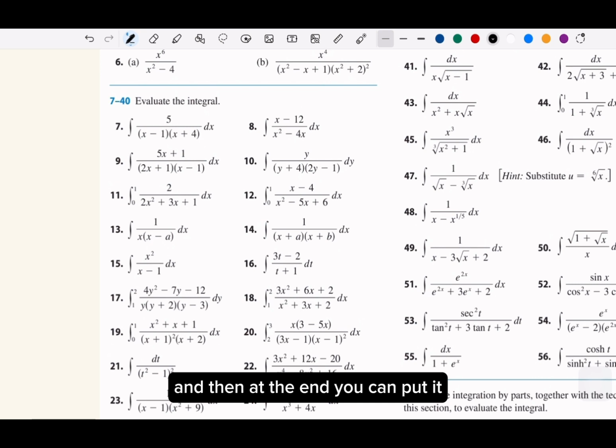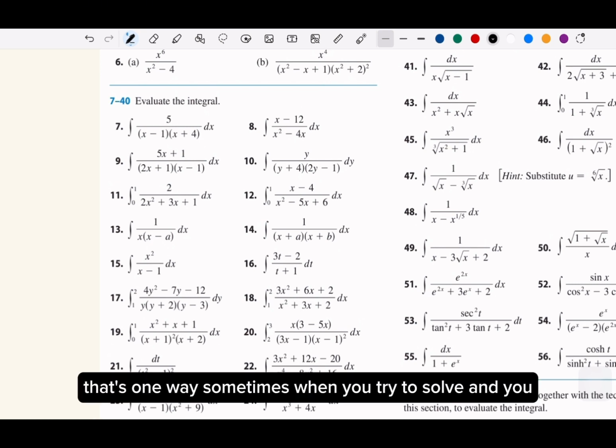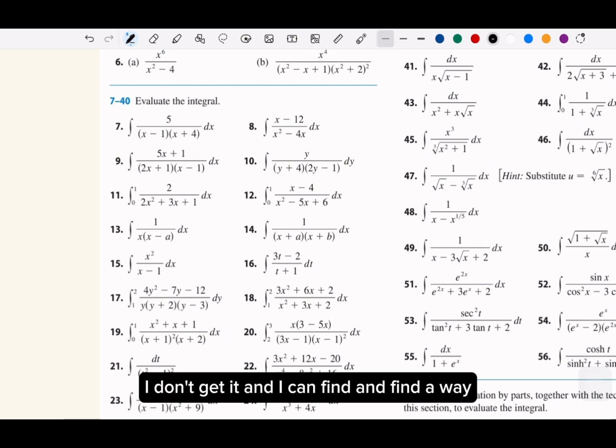And then at the end you can put the integration. Sometimes when you look at this integration, you feel anxiety and think, I don't get it, and I cannot find a way. But you can start from here, and then separate the integrations.